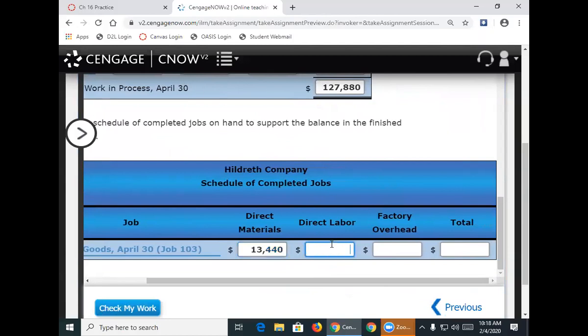Labor's 14,000. And overhead is 5,040. Total job cost 32,480. Any questions on any of that?